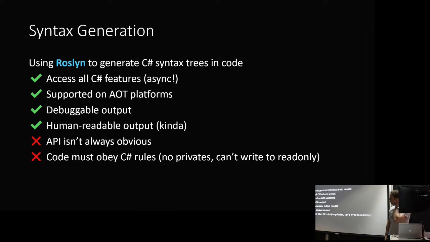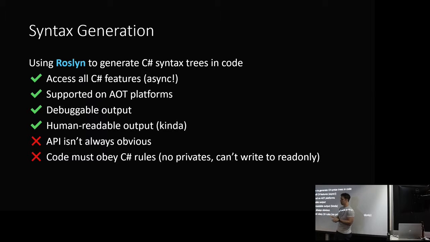All right, now, so that's IL, good for the low-level stuff, but what I really want to tell you to use is direct syntax generation. So a few years ago, the C# compiler was rewritten, a totally managed compiler, Roslyn, right, is the name of the compiler now. And you can actually directly use Roslyn's APIs to go and construct these syntax trees and then compile them.